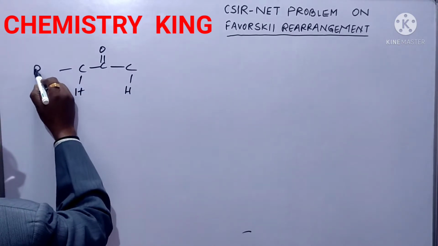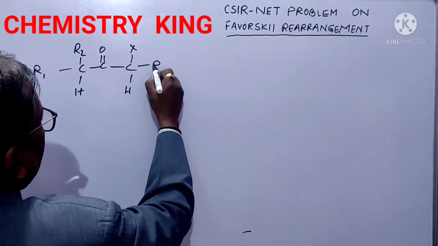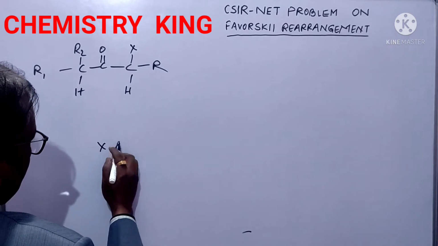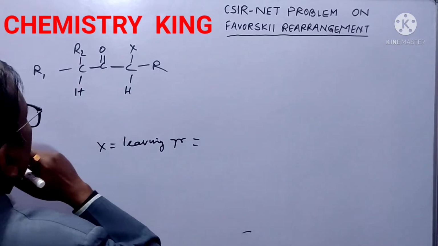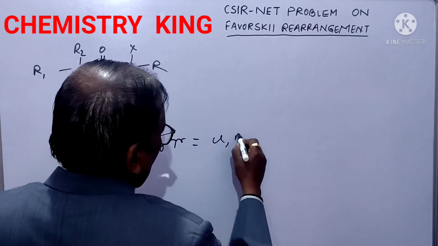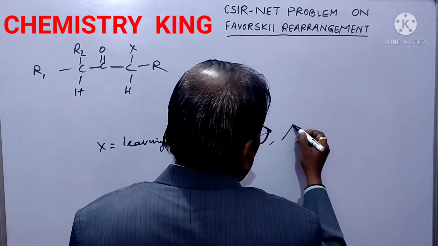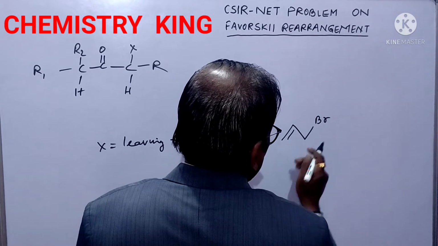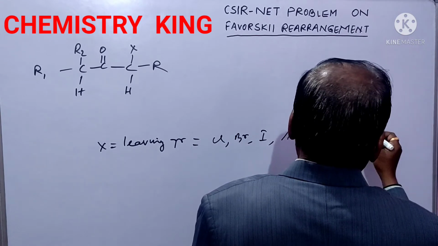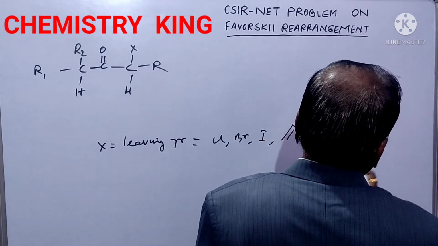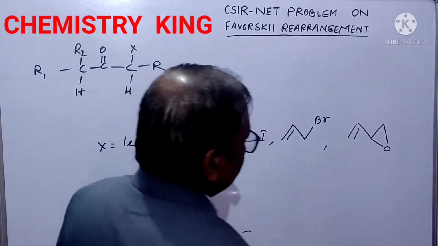R1, R2, X, R. X is the leaving group. Okay? And it may be chloro, bromo, iodo.